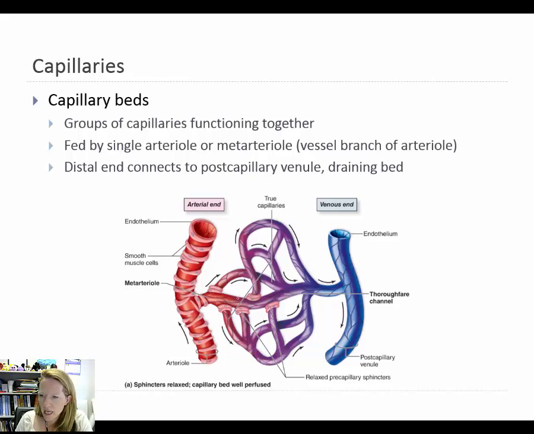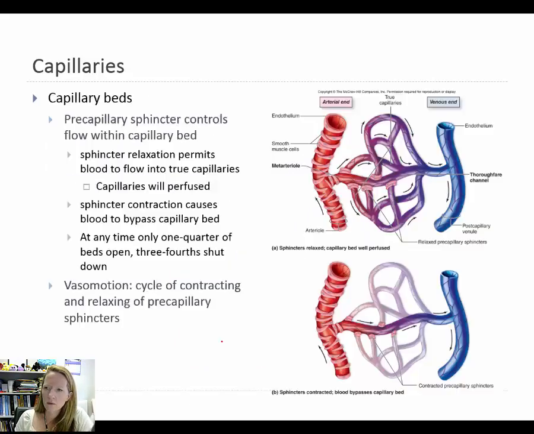So it says right here that it's a relaxed precapillary sphincter. You might be wondering, how do we know it's a relaxed precapillary sphincter? Whenever it's relaxed, that means the smooth muscle relaxes and opens up these entrances to the true capillaries, and blood is able to flow through.